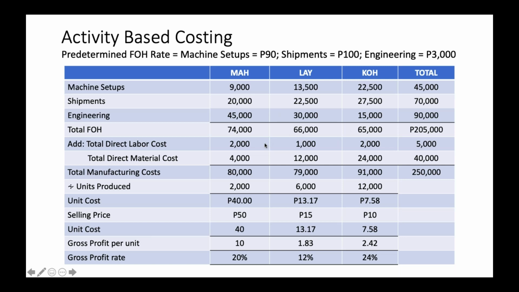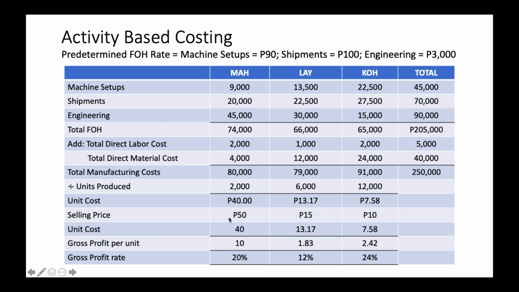Now we add the prime cost, labor and material. We will now arrive at the total manufacturing cost, 80, 79, and 91. Divide by the units produced. The unit cost of Ma is 40, Lai is 13.17, and Ko is 7.58.